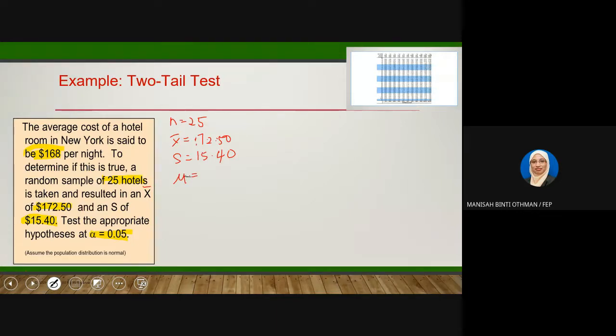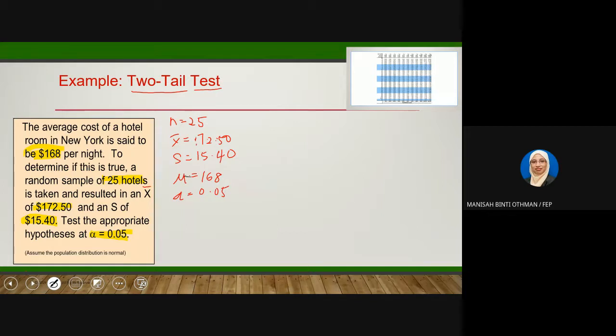The average cost of all hotel rooms in New York is 168. And then alpha value is 0.05.